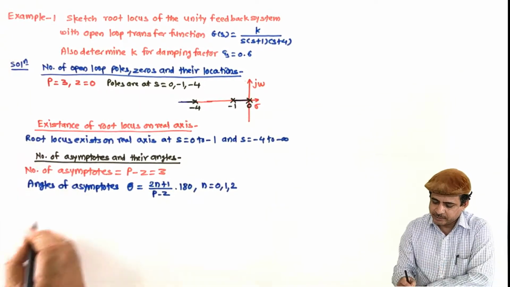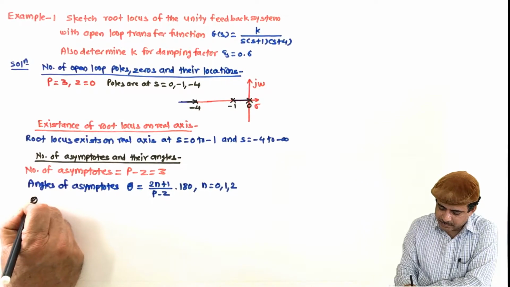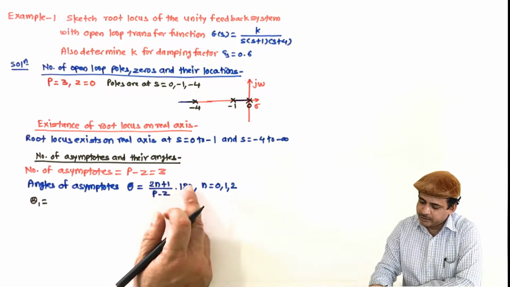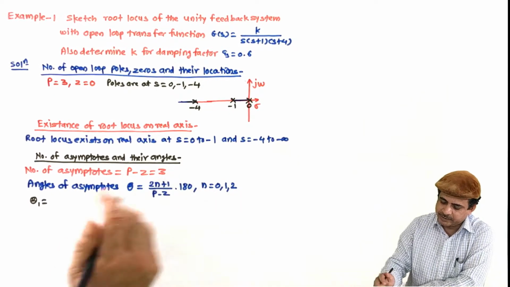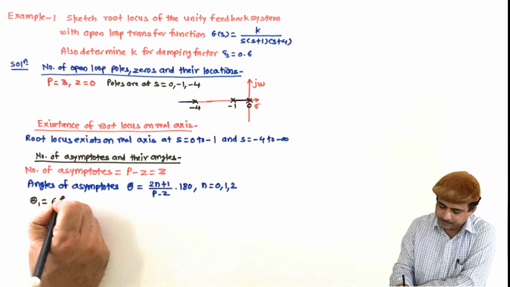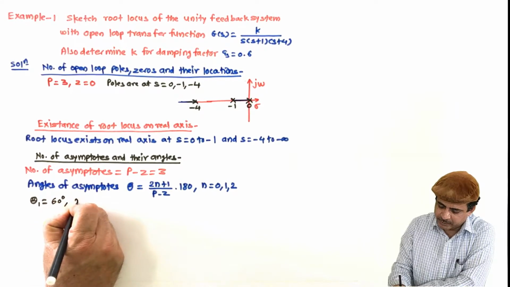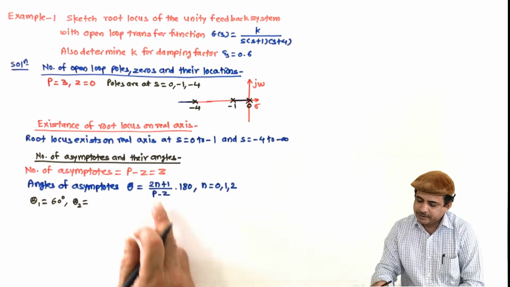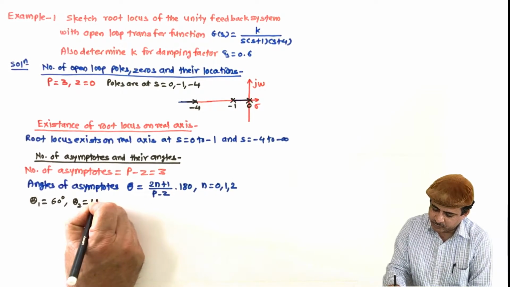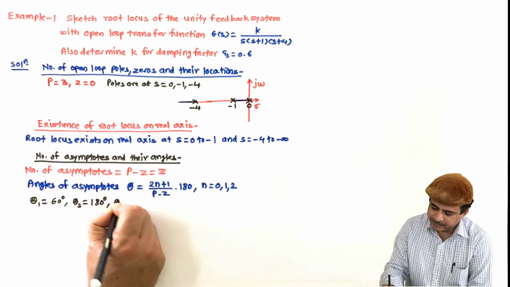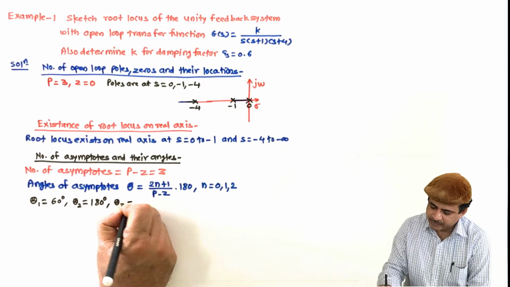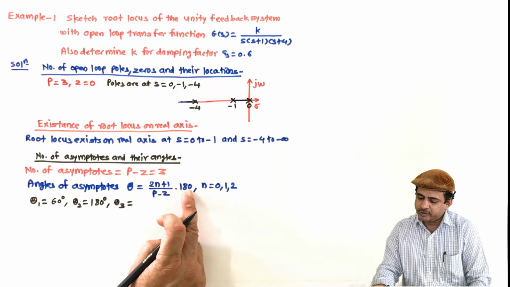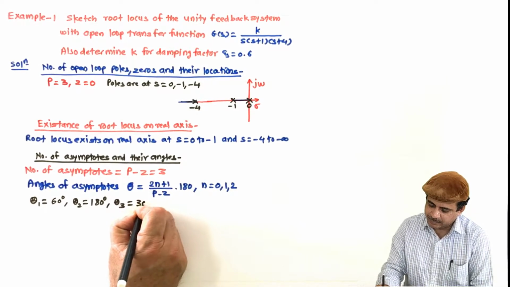So theta 1, if I put n equal to 0, will be 180 by 3, since P minus Z is 3, so 60 degrees. Then theta 2, put n equal to 1, so this becomes 3, 3 by 3 gets cancelled, it's 180 degrees. And theta 3, put 2, so this will be 5, 180 into 5, 900 by 3 is 300.